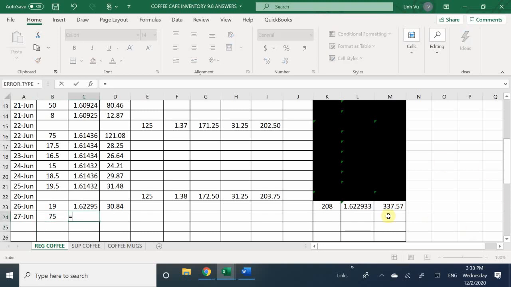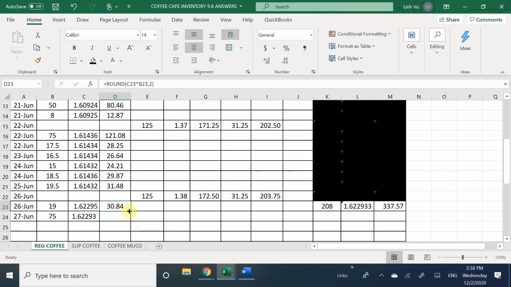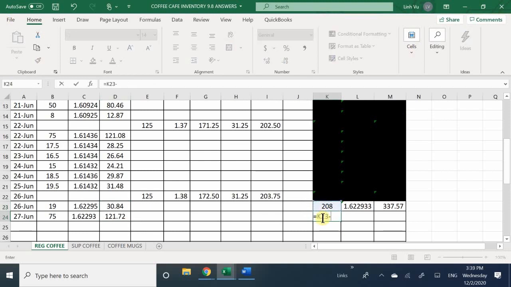And let's see here, that amount is 1.62293. Okay, so that brings that to $121.72. Alright, and we have a quantity of 208 minus 75.